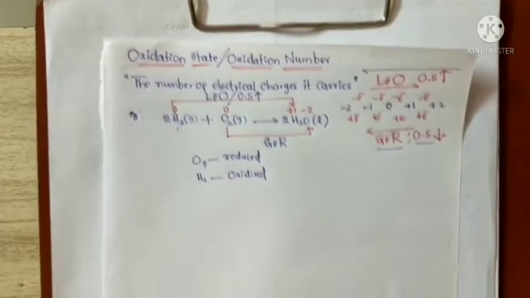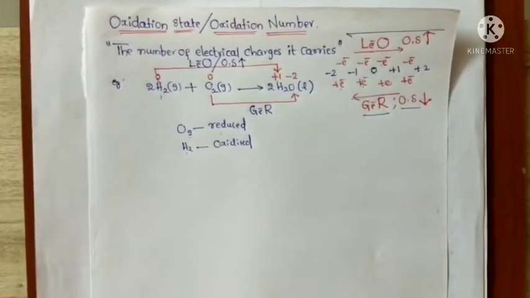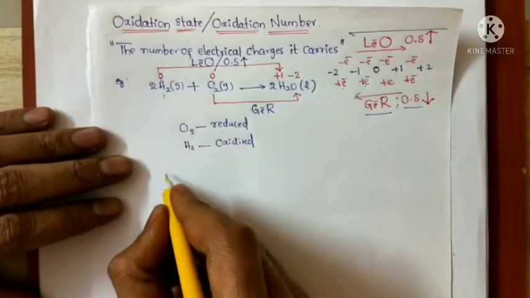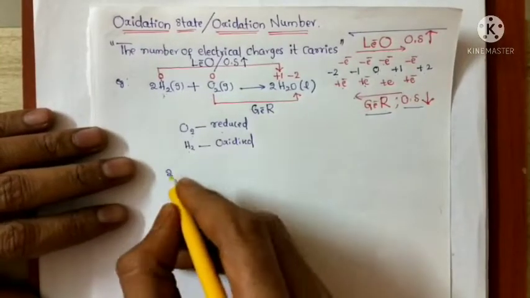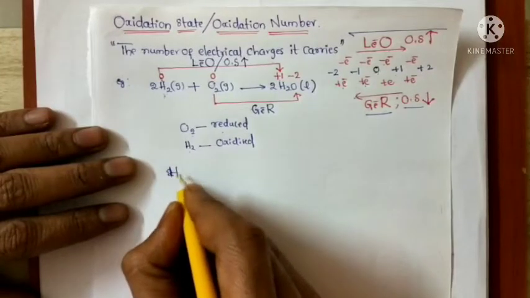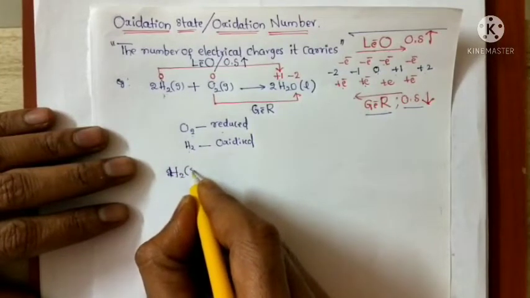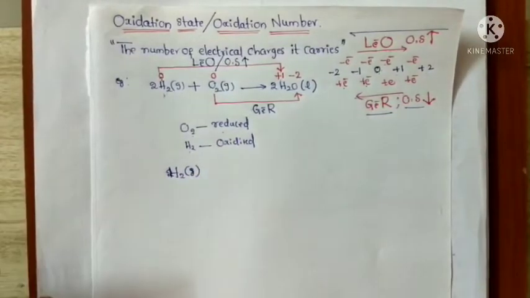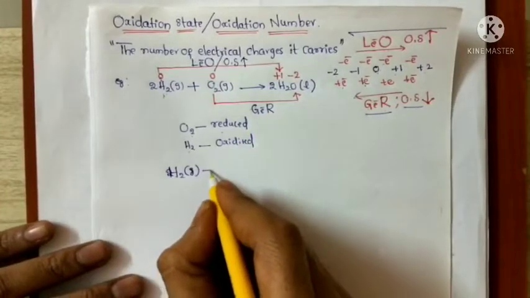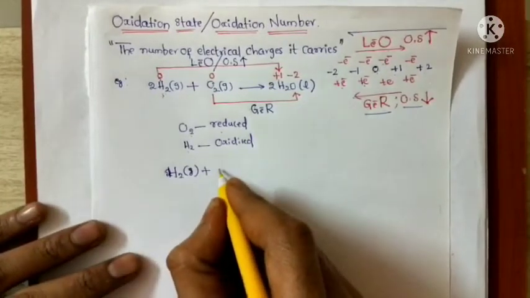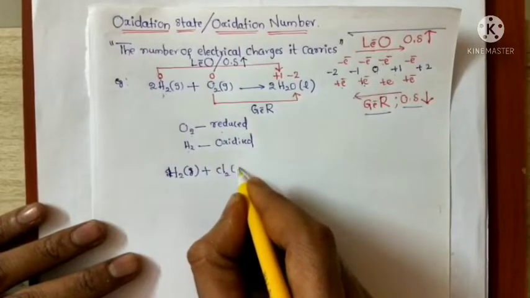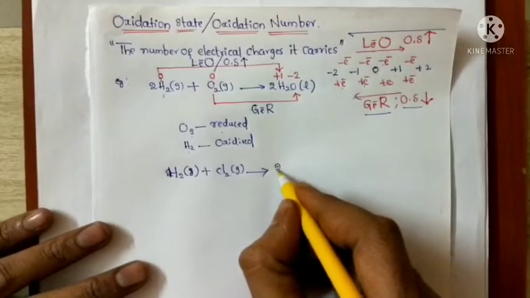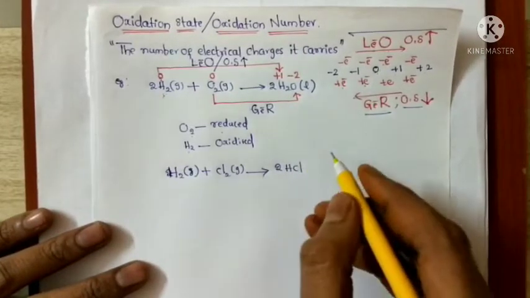So we will see another example for more understanding. 1 mole of hydrogen gas is reacted with 1 mole of chlorine gas to form 2 moles of hydrochloric acid.